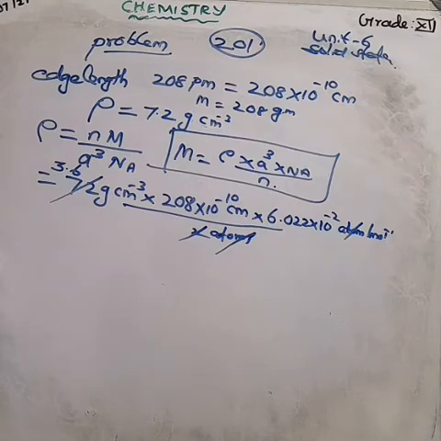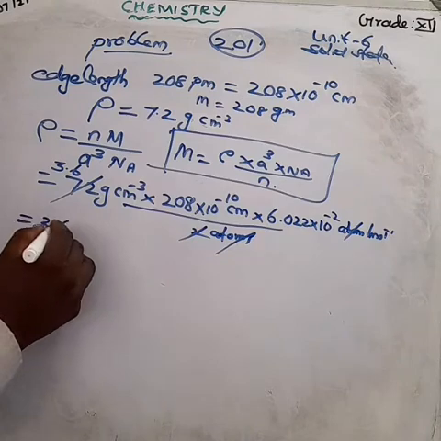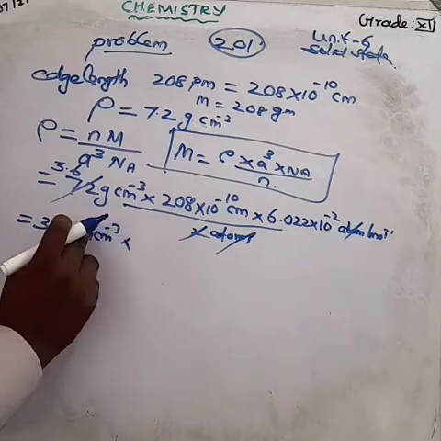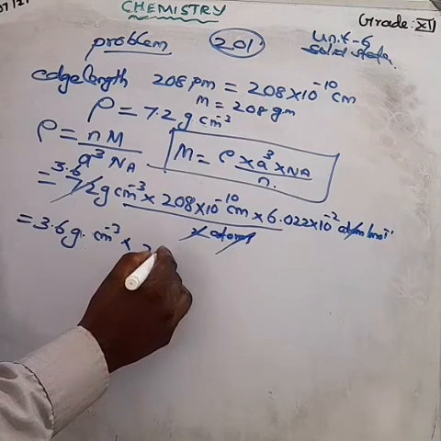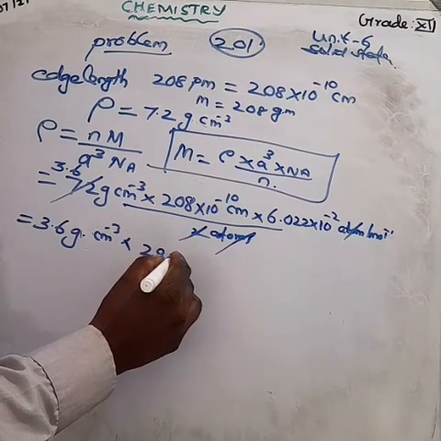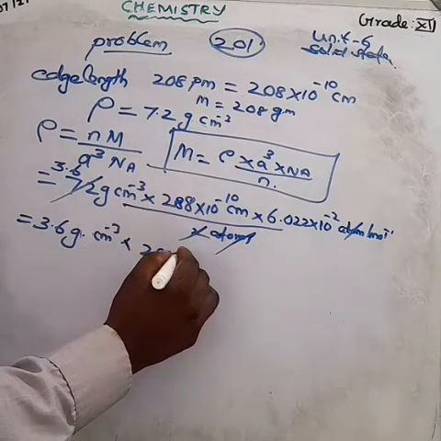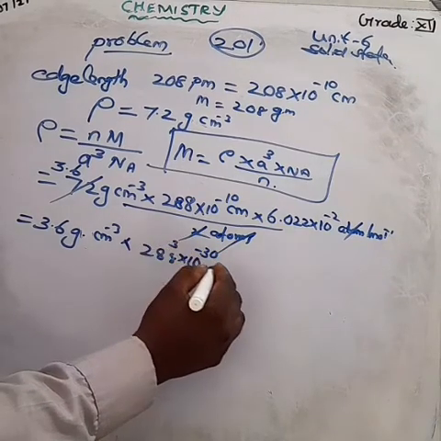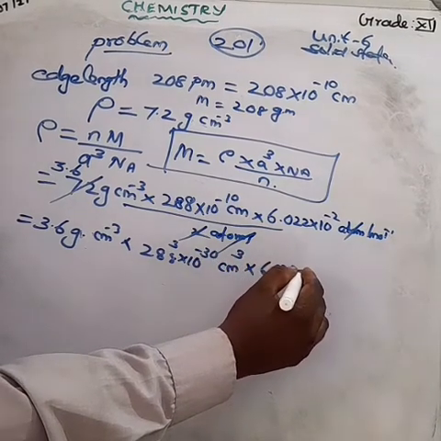Once again I am going to write this one. 3.6 gram centimeter cube into, this I am going to separate here, 288 cube into 10 raised to minus 10 into 3, that is 10 raised to minus 30, and also centimeter cube into centimeter cube into 6.022 into 10 raised to 23 atoms.